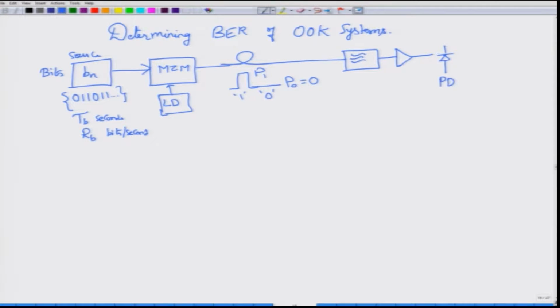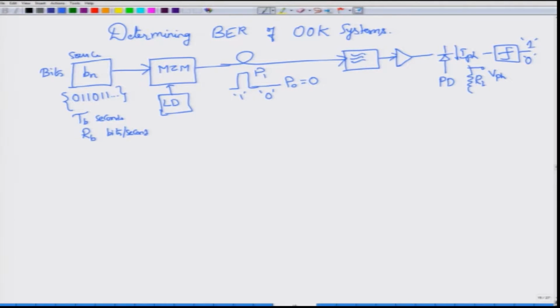This photo detector would produce a photo current. This photo current flows through a load resistor, and then the output across the load would be the voltage that is generated corresponding to bit 1 and bit 0, and looking at this voltage and comparing it against a certain threshold, you are able to decide whether the bit is 1 or the bit is 0. So, this is essentially the link model that we are considering.